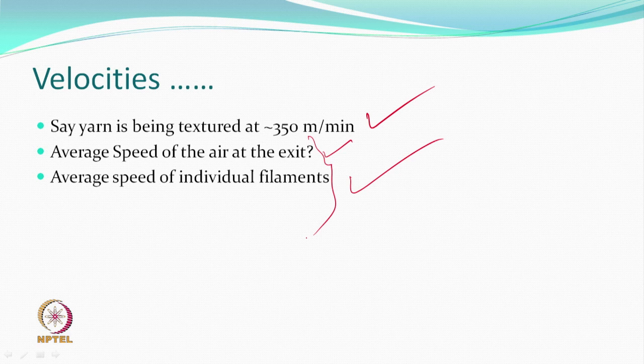Can there be any confusion in this? What if somebody asks, if the yarn is being texturized or taken up by a roll at about 350 meters, what is likely to be the average speed of the air at the exit? Any guesses? 500, 600, 1000, what?